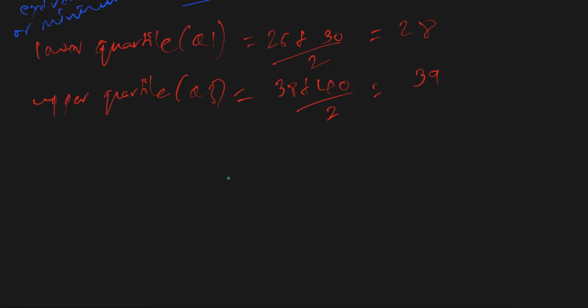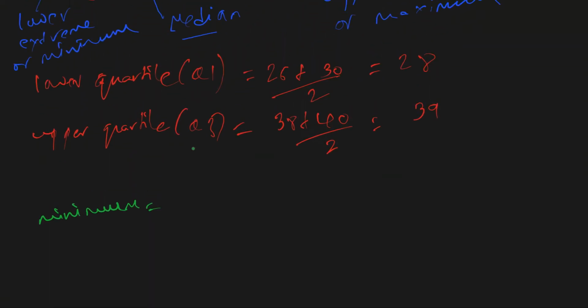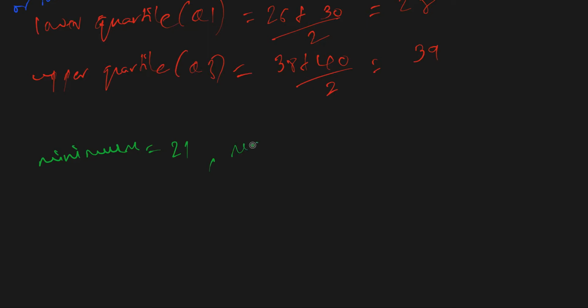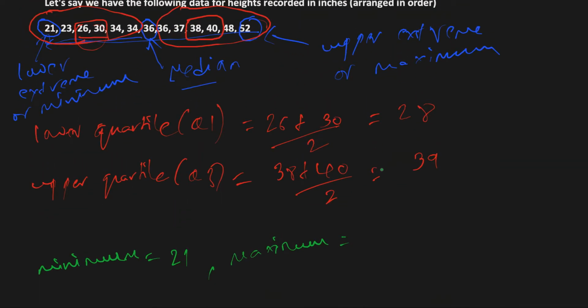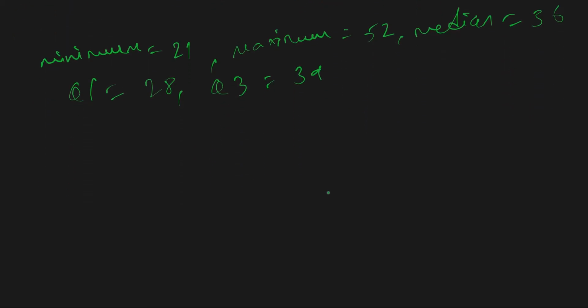Now let's plot our box and whisker plot. I will write down again: minimum is 21, maximum or upper extreme is 52, median is 36, quartile 1 is 28, and quartile 3 is 39.